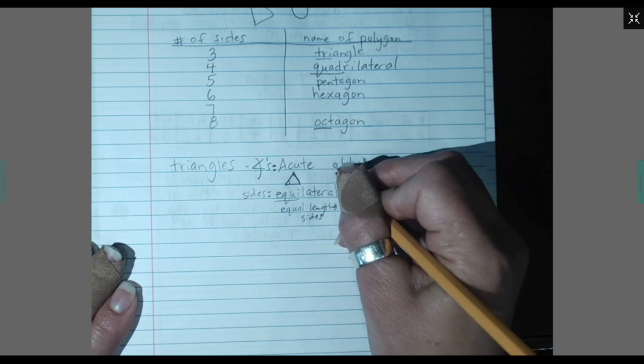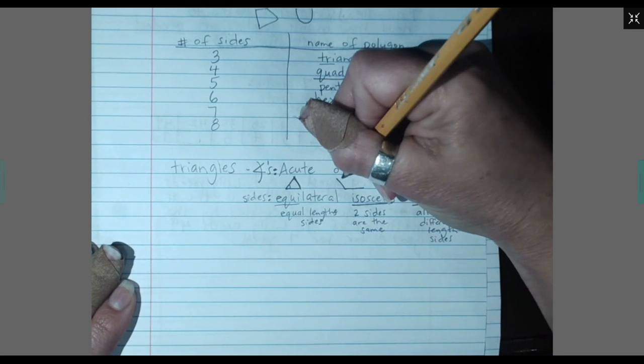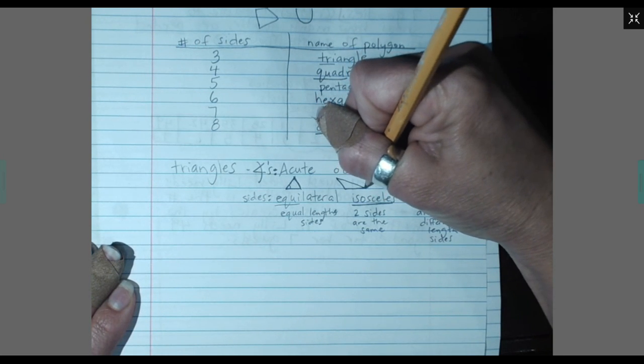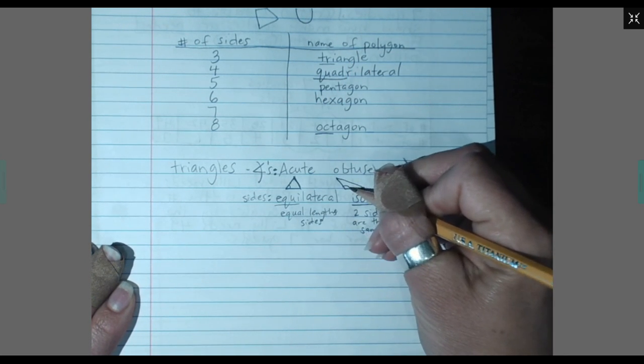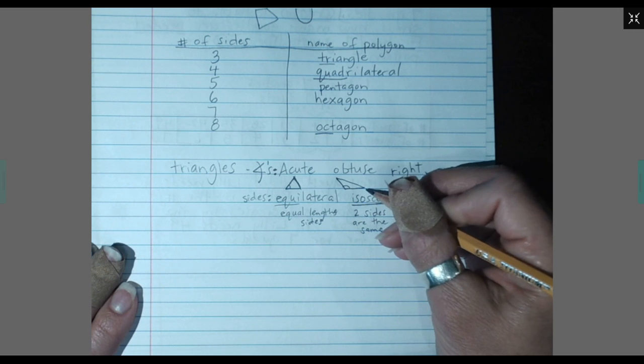Obtuse. An obtuse triangle would mean that it's got an angle that is larger than 90 degrees, larger than a right angle. So that's an obtuse triangle.